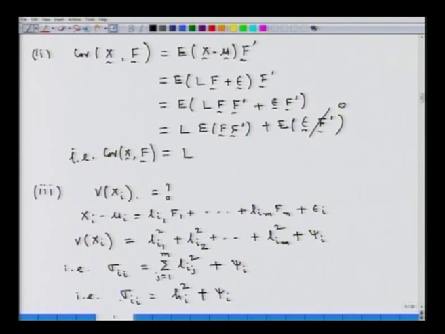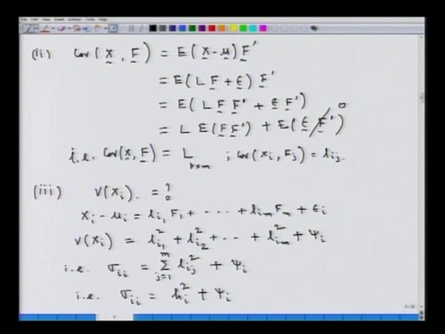Furthermore, if we look at this L matrix, the factor loading matrix, in note 2 we had seen that the covariance matrix between x and the f vector is equal to the L matrix, our p by m matrix. So the covariance between xi and fj, the ith element and the jth element, is nothing but Lij, the ijth element of this L matrix.